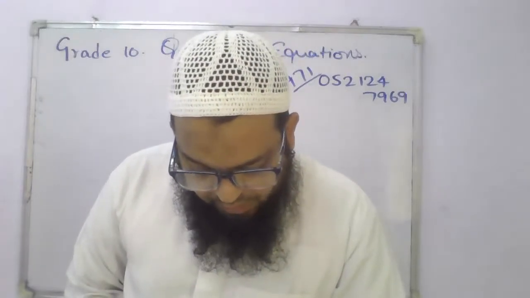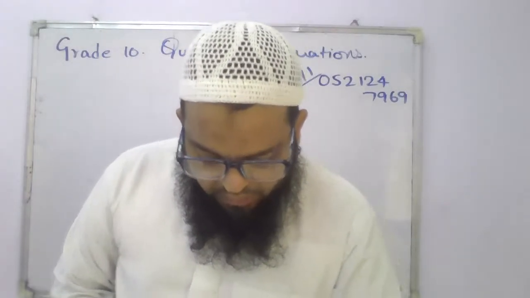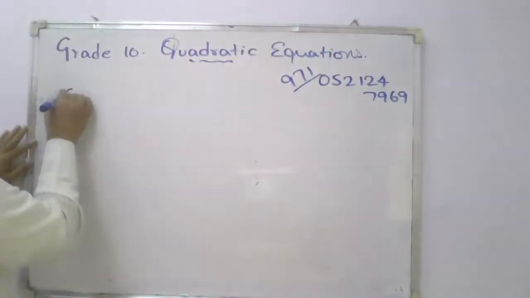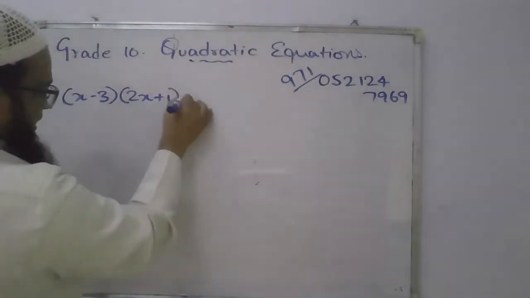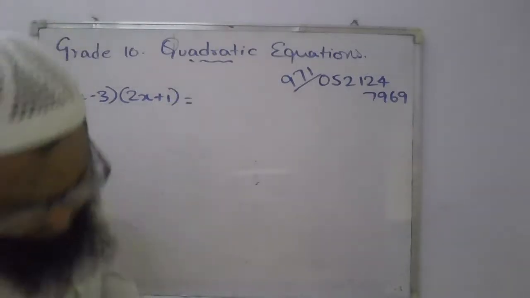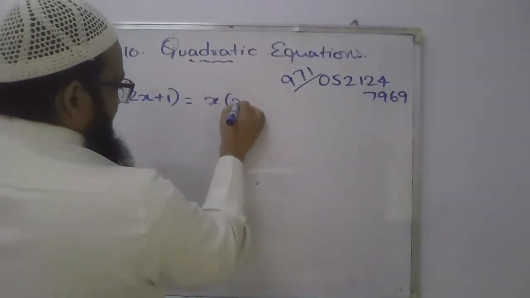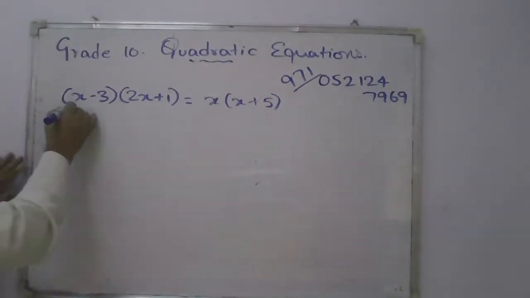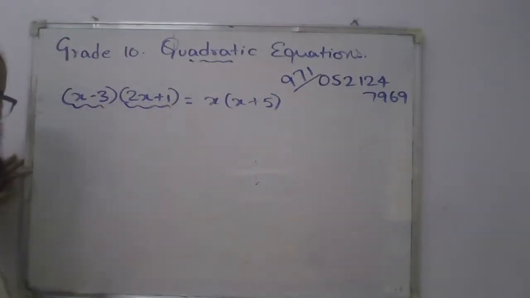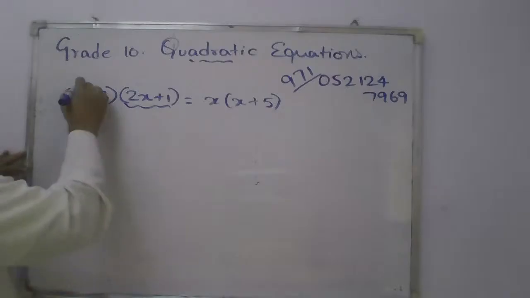For example, let me take another one. x minus 3 into 2x plus 1 equals x into x plus 5. Now let us see, my dear students. Here you have 2 expressions multiplying, so you have to distribute.